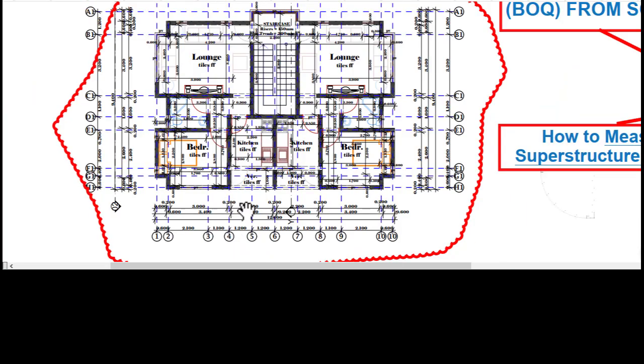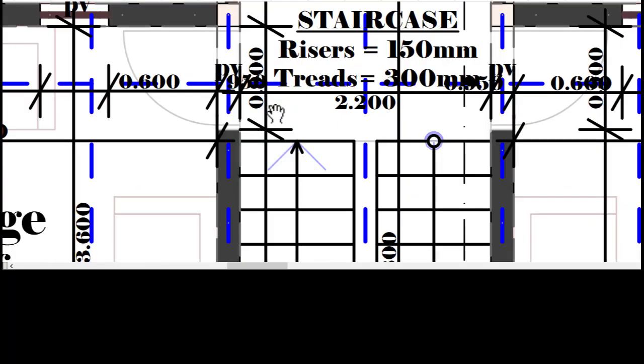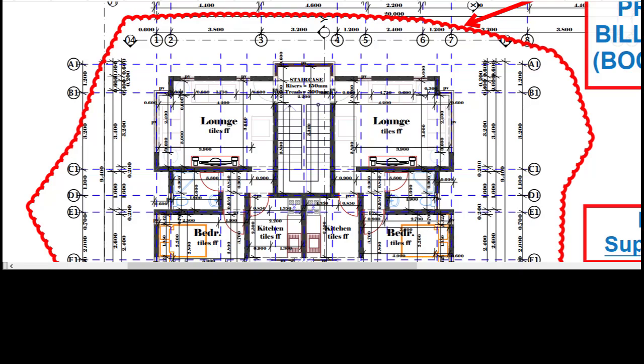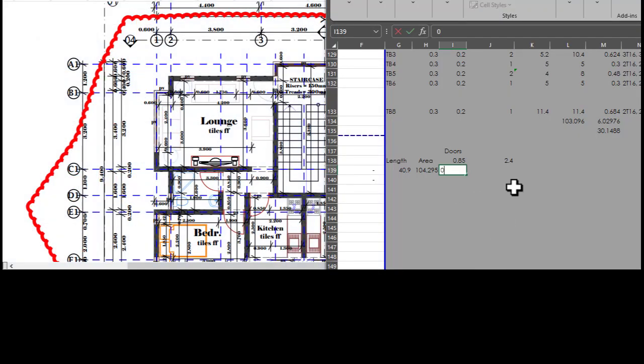So we move to grid 4. Grid 4, there is no other door to be taken off or to be measured. Grid 6, there is none. Oh, sorry, we move to grid 5. Grid 5, there is another door here, and this is 0.8. Yeah, so there's another door that is 0.8 in width.